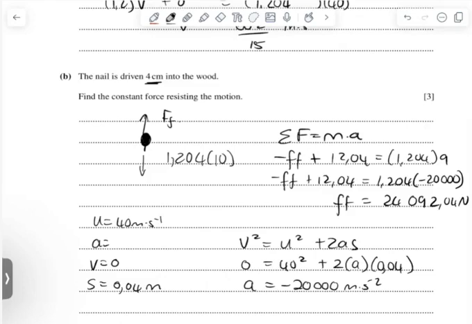If we were to round this off to 3 significant figures, 24,100 newtons. That would be my final answer in terms of significant figures, but so long as you have more significant figures than fewer, it would probably be acceptable.